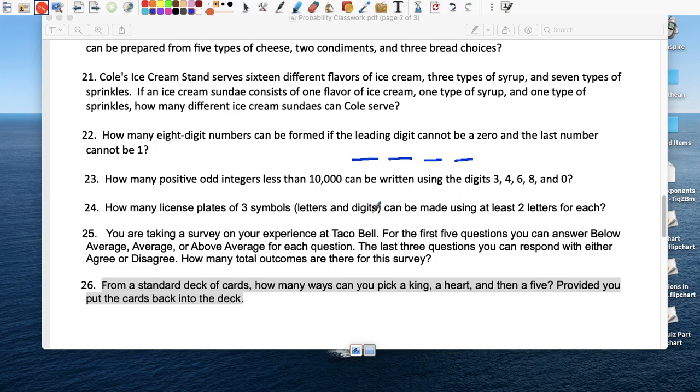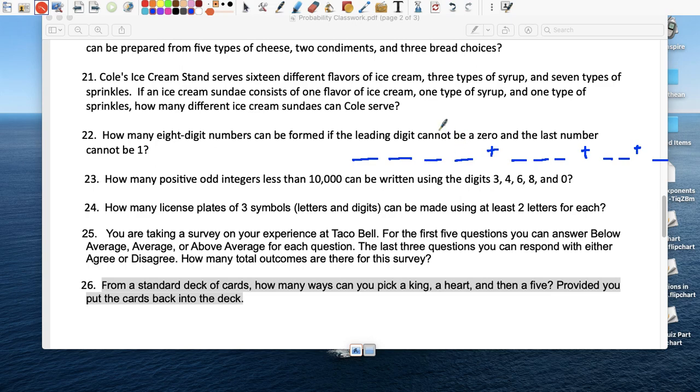So we have 4 digits, right? We have the 4-digit group, the 3 digits, the 2 digits, and the 1 digit.